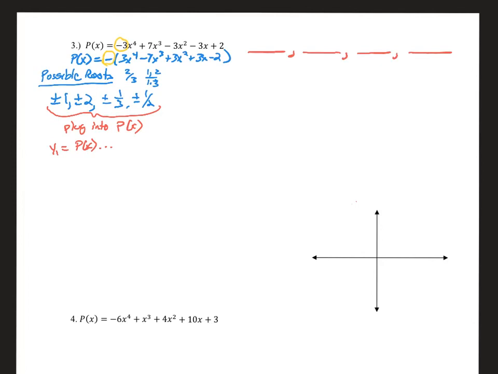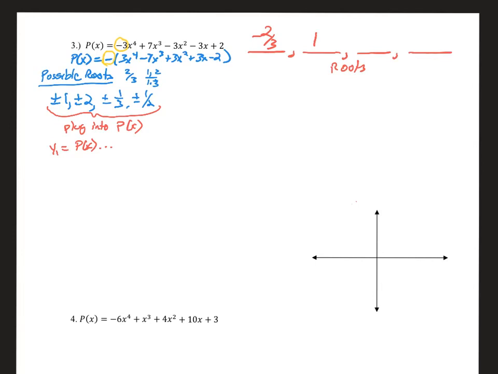And what happens is you end up finding 2 roots out of the 4. You find negative 2/3 and positive 1. 2 down, 2 to go. These are our roots, and we don't know what those other 2 roots are.